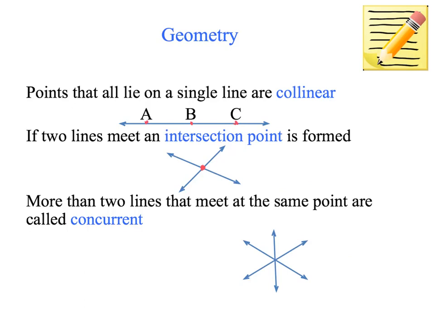If more than two lines meet at the same point, it's called concurrent. So here we've got more than two lines that meet, and that's concurrent. Now don't forget to understand the difference between intersection point, concurrent, and collinear.